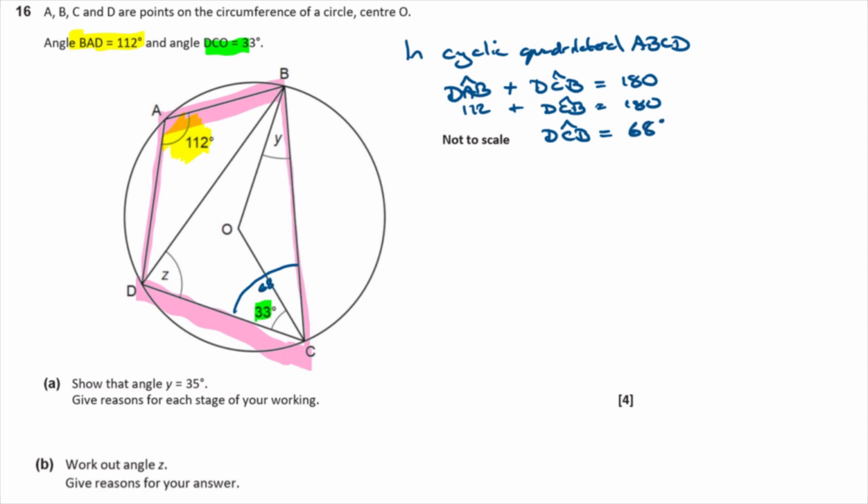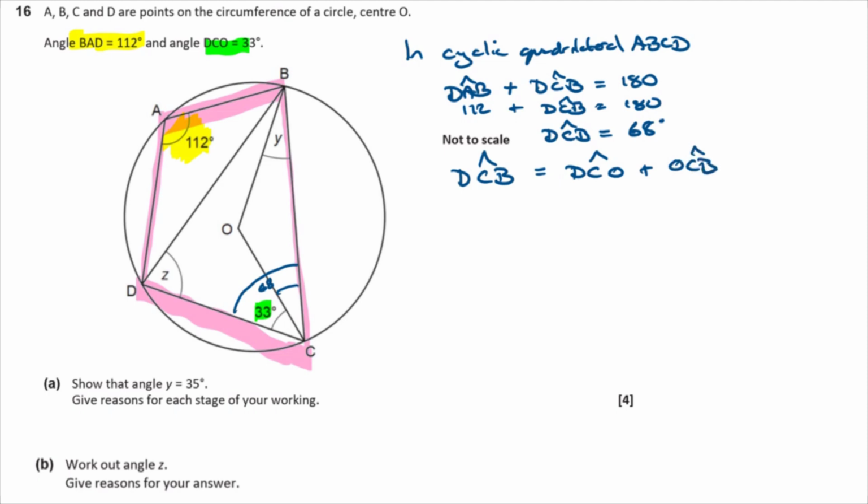But I already know DCO, which is part of that angle, so I can use it to find the other part of the angle, OCB. So DCB is equal to DCO plus OCB.